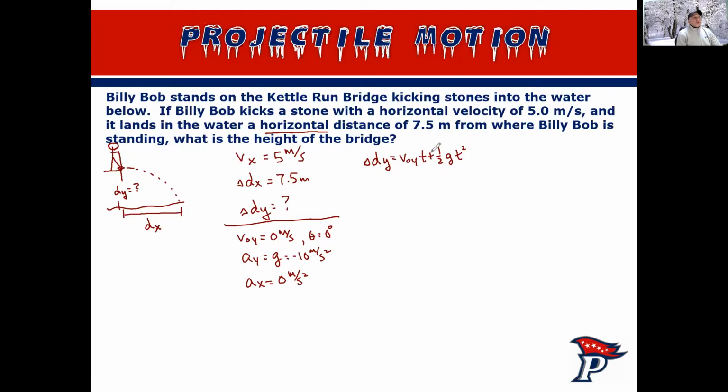In order to find this, what do we need to know? Well, we know this is 0, so this again is all going to be 0. We need to know the time, right? Because the Kettle Run Bridge is on the Earth, so we know that's -10, but we need time to continue. So that's why you need to then look at the X equation. This is the X equation. It's the only X equation we're going to use.